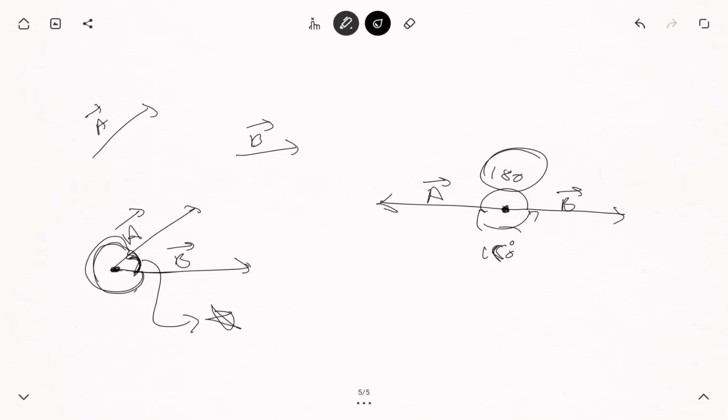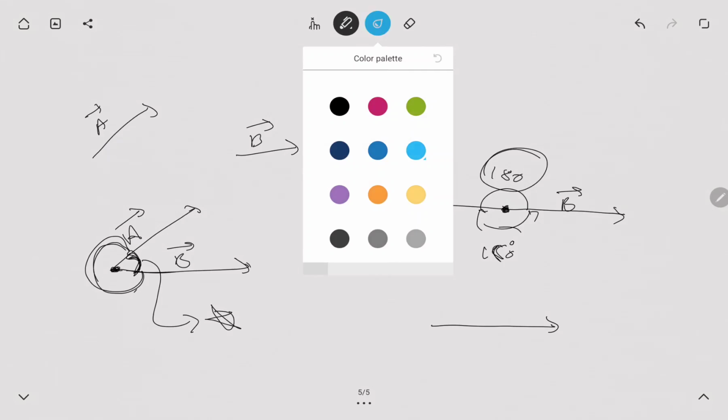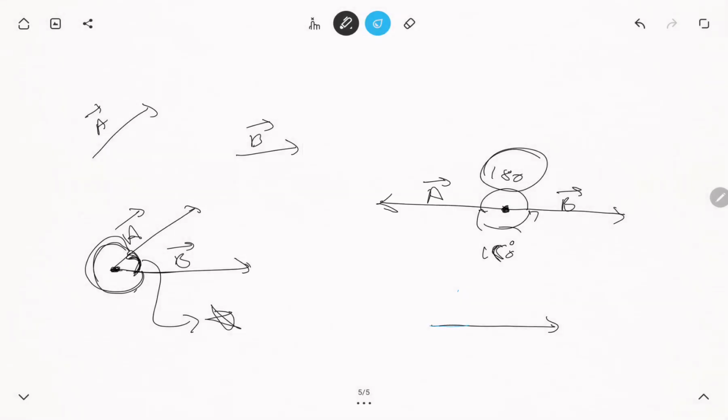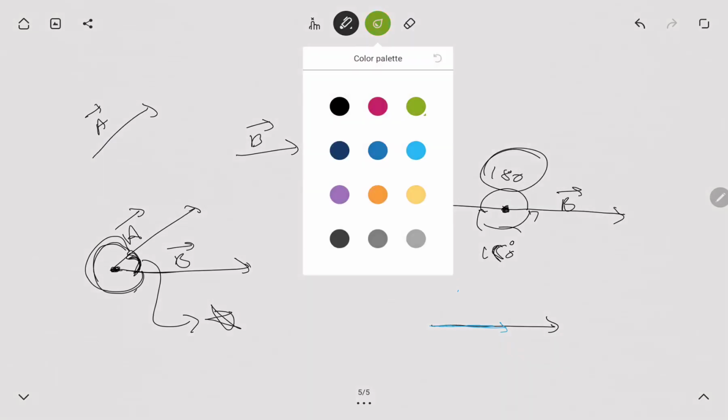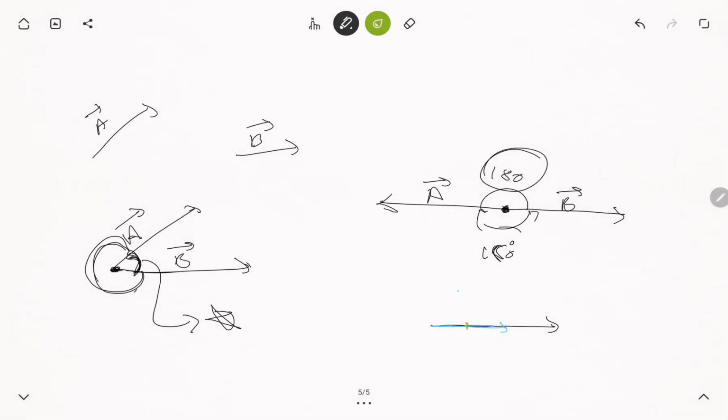Then we have another type of vector where the angle is 0. There is this vector, and let me put another color. Okay, and another vector on top of that vector, right? So there is this angle which is 0 degrees, and this angle which is 360 degrees.